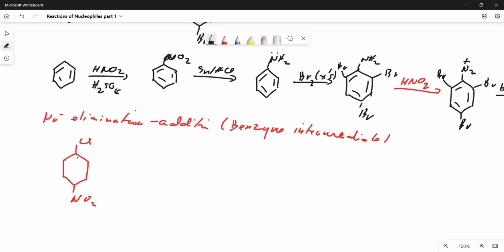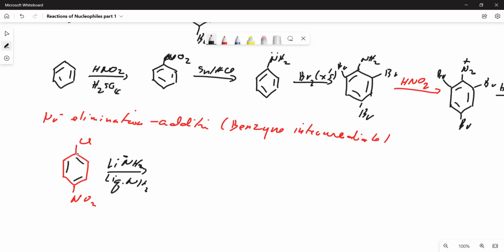So you have the pi bond, the pi bond, and the pi bond, okay? When you add a very strong base like lithium amide, okay, in liquid ammonia, this is a very strong base. The amide is supposed to be a nucleophile, right?